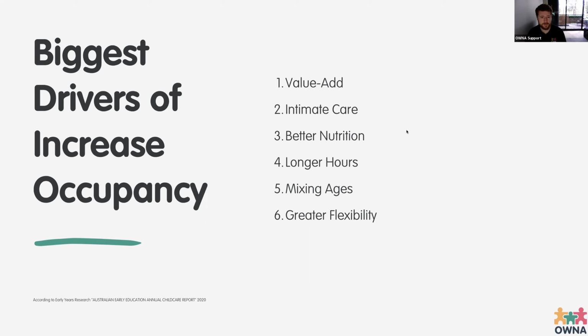The third is better nutrition, which speaks for itself. Then longer hours, and mixing ages. If you did 0 to 3 versus 0 to 5, 0 to 5 is going to attract more families. The sixth is greater flexibility, since we know lots of families lead different lives and work different hours of the day. So if you do any of these, communicating that is a good way to get engagement and to look attractive to families.